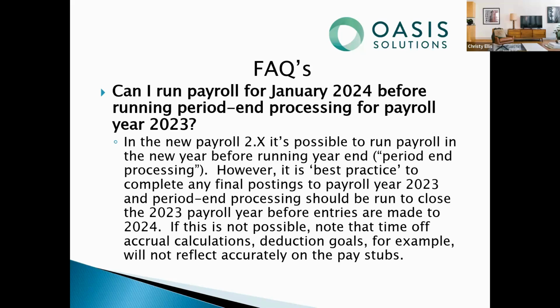If you have to do that, just be aware that time off accrual calculations and deduction goals, for example, don't get reset and aren't going to be reflected accurately on the first pay stub. It will fix itself once you do your period end processing. But if you have elected to defer that processing, just know that your pay stubs that first time around may not have correct data for time off accruals and deductions.